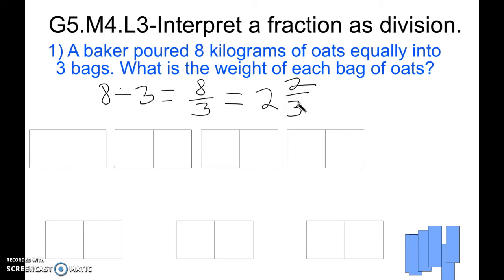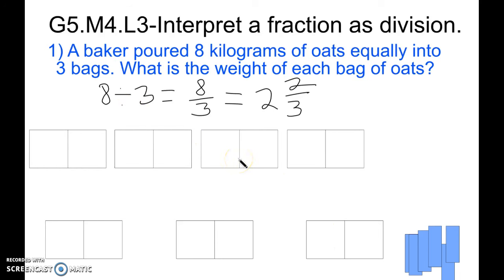So let's model that. We know we have 8 kilograms, so 1, 2, 3, 4, 5, 6, 7, 8. And we know since we're dividing them into 3, we could start by creating groups of 2. 2, 4, 6. So that accounts for 6 of the 8.